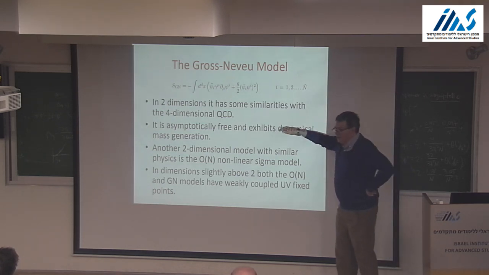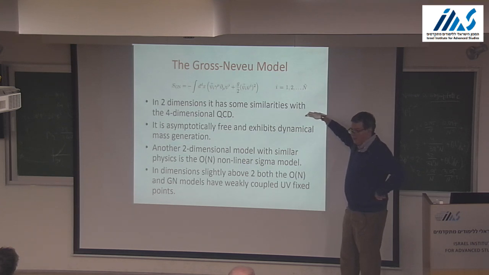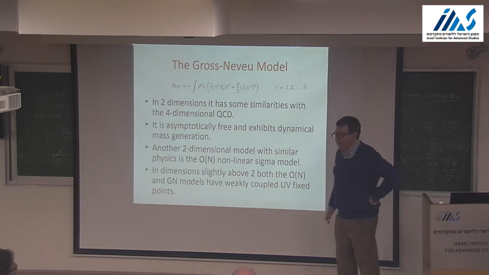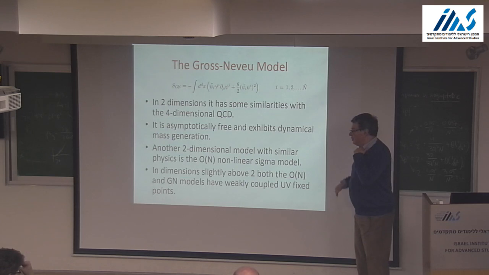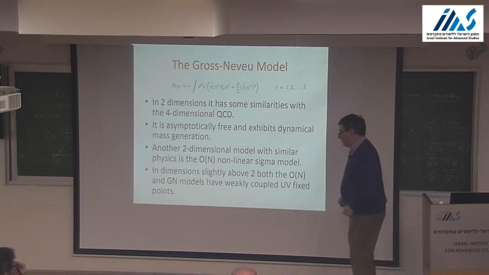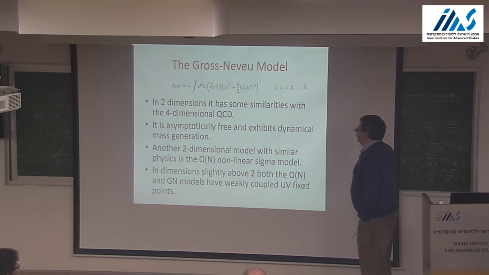And what Gross and Neveu did is they did the large n solution of this model in D equal 2. This model does pick up quantum corrections, right? It picks up a beta function and it exhibits some dynamical phenomena in the infrared. But the moment you go slightly above 2 dimensions, the infrared theory becomes conformal.